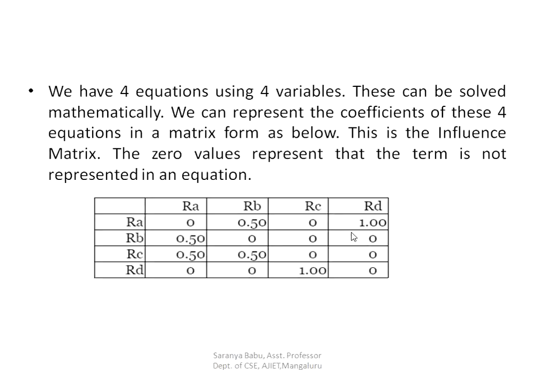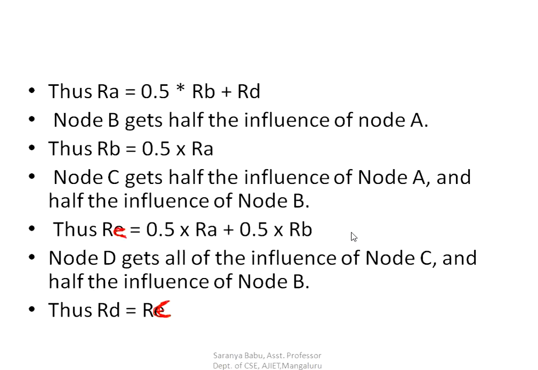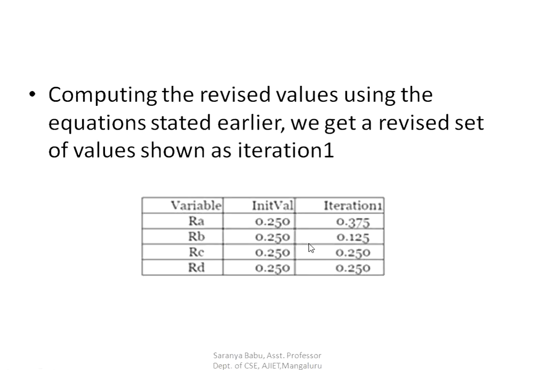Okay. So next, RC. RC is equal to 0.5 into 0.25 plus 0.5 into 0.25. How much will you get? You will get 0.250. Understood? Again, RD is the same as RC, so it is 0.250. So this is how you get iteration 1.